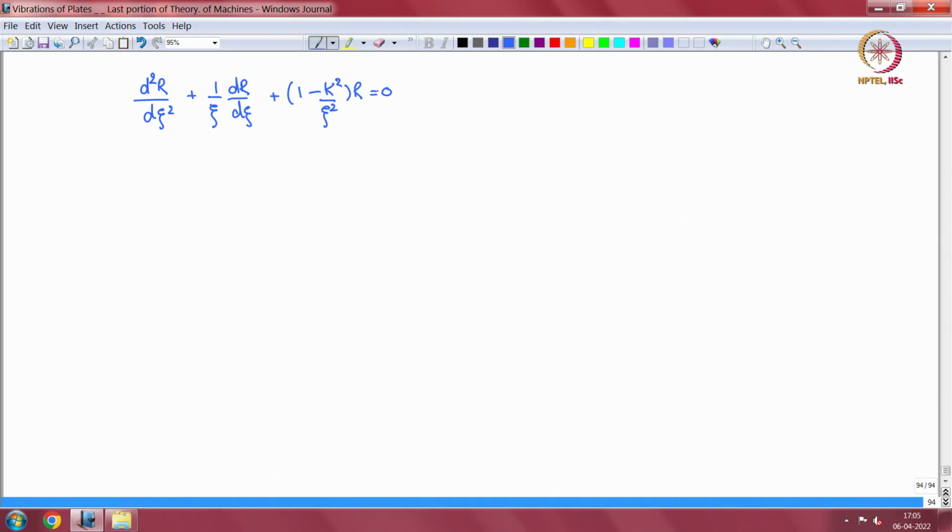This is Bessel's equation, and its solutions are, for ξ of the form λr, J_k(λr) and Y_k(λr). These are cylindrical Bessel functions of the first and the second kind of kth order.